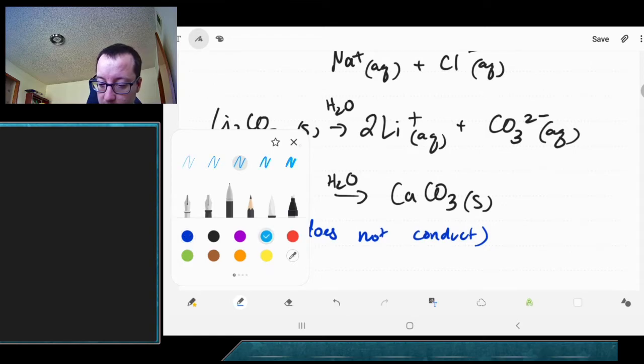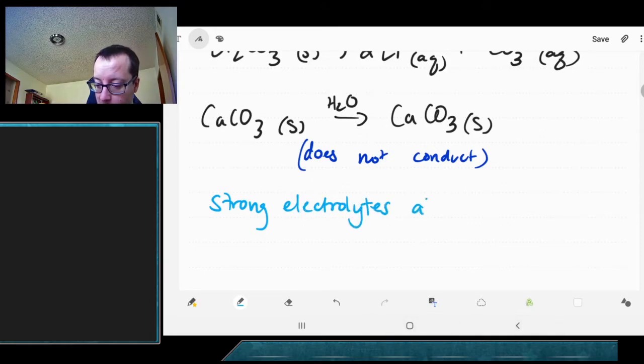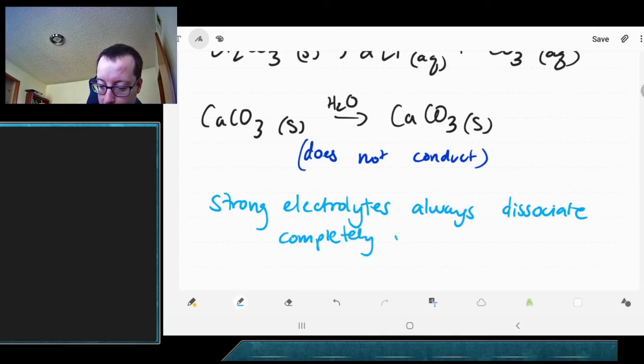All right, just so we're clear with this, strong electrolytes will always dissociate, that means break apart, completely in solution. So we're always going to break those up into ions in reality.